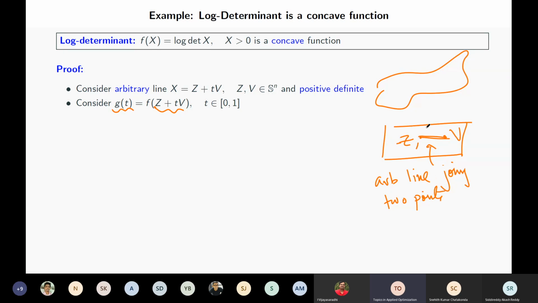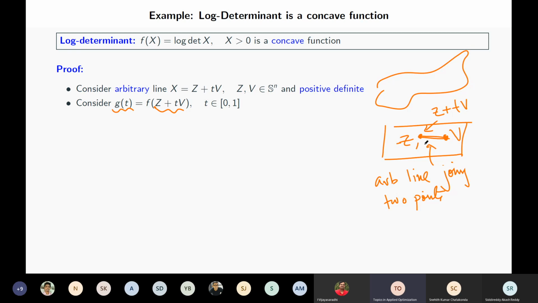So this will be the line Z plus tV, and whenever f is restricted on a line, it should be convex. Here t is between 0 and 1. So this line starts from Z and ends at V, like any arbitrary line.